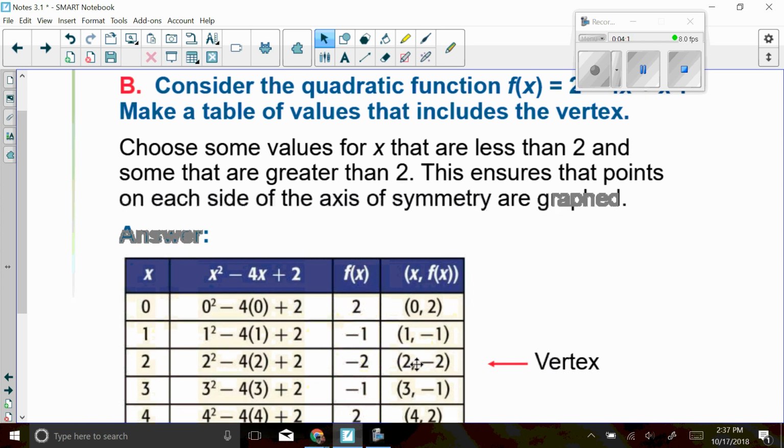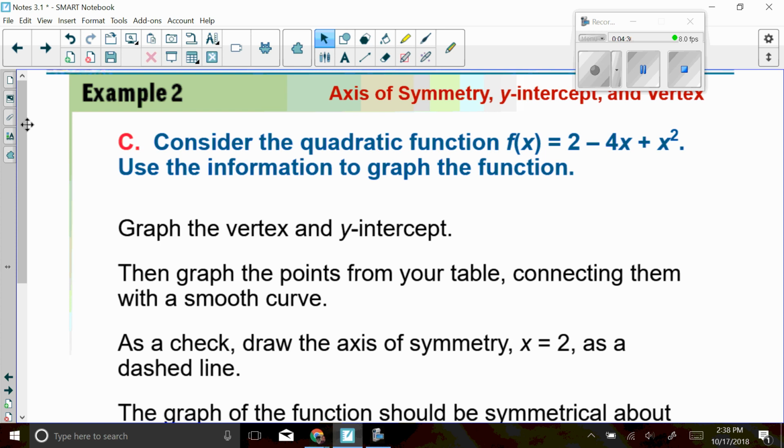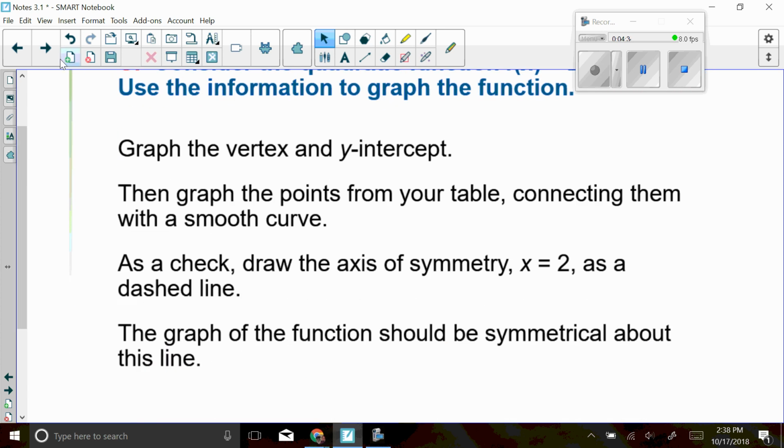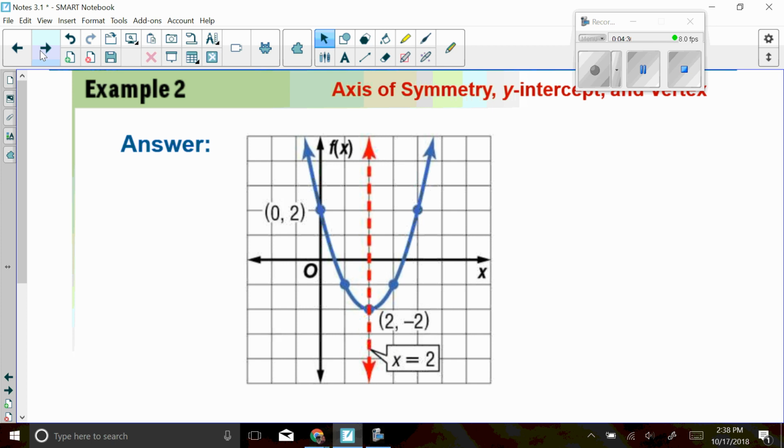Yes, you absolutely can use your graphing calculator to come up with this table, but we know we want values on both sides. So we found out that the axis of symmetry was at x equals 2. So then I usually do 2 above and 2 below that x equals value. And then you'll come up with a really nice graph. So they went through, graphed these points, boom, boom, boom, boom, and there it is.